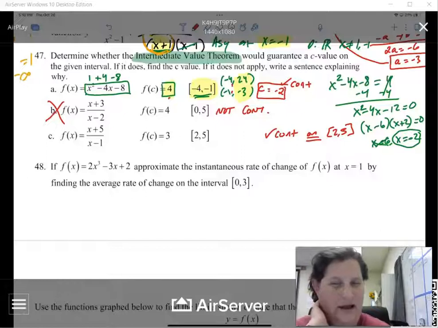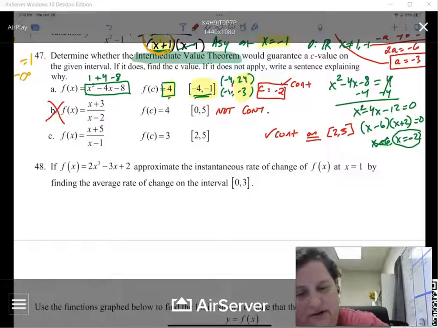All right, so hopefully that kind of made sense. Let's check letter C. Let's just make sure we know it's continuous. Let's make sure it works. I'm going to plug in those 2 points over here. When I plug in 2, I get 7 over 1. Cool.